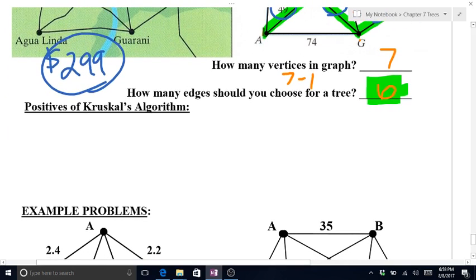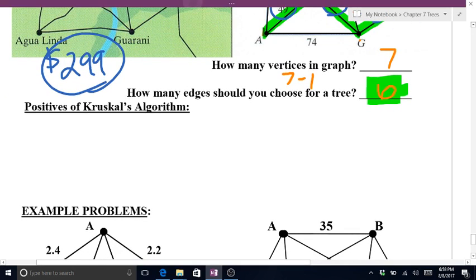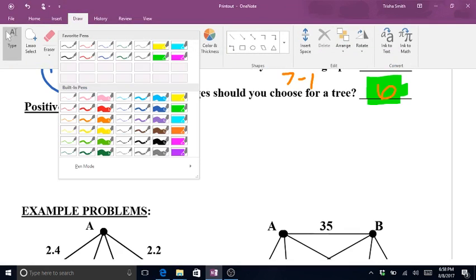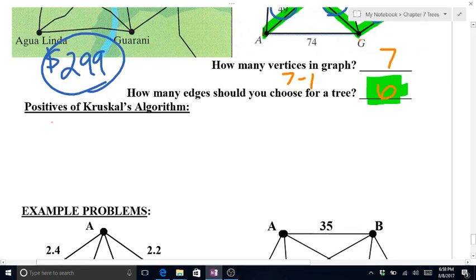Positives of Kruskal's algorithm. One, it's easy. Two, it's efficient.